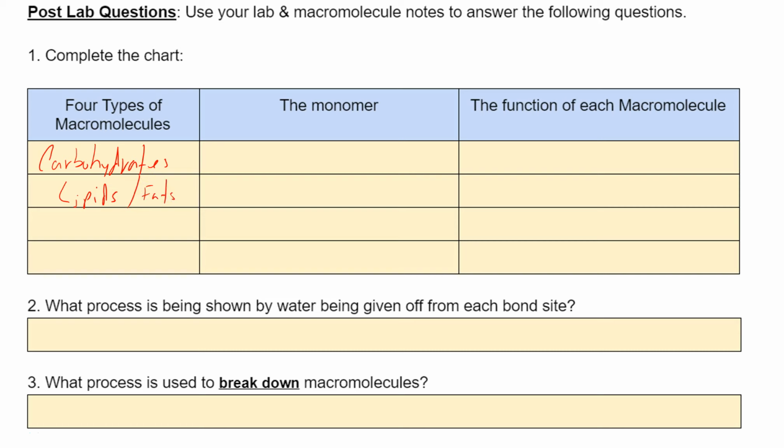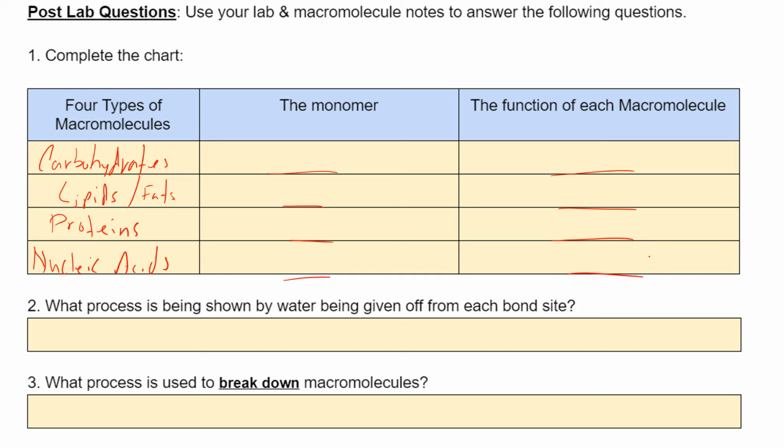The third macromolecule or biological molecule are proteins. And the last macromolecule is nucleic acids. Okay? So tell me what their respective monomers are. And then tell me what they do. What is the function? Okay?